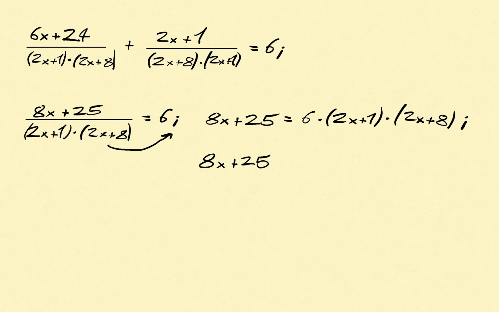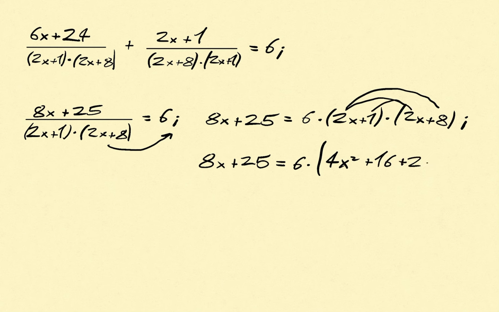8x plus 25 equals. And now let's see. First of all we have to multiply 2x times 2x, which will give us 4x squared. Then we just have to multiply 2x times 8, which will give us 16x. 1 times 2x, which is going to be 2x, and 1 times 8, which is going to be 8.